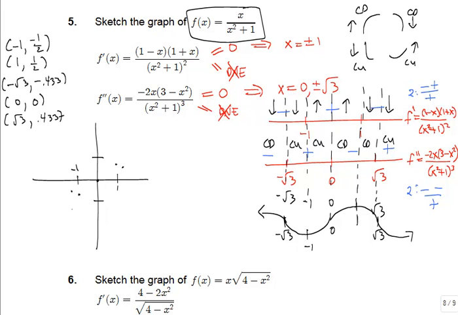Now we're ready to connect the dots here. So we want to come down into that first dot on the left. So this is going to come down into this point. Then I change concavity, and then I curve up to my 0, and then I curve up to my max at 1, curve down to my √3, and then I switch concavity just like that.